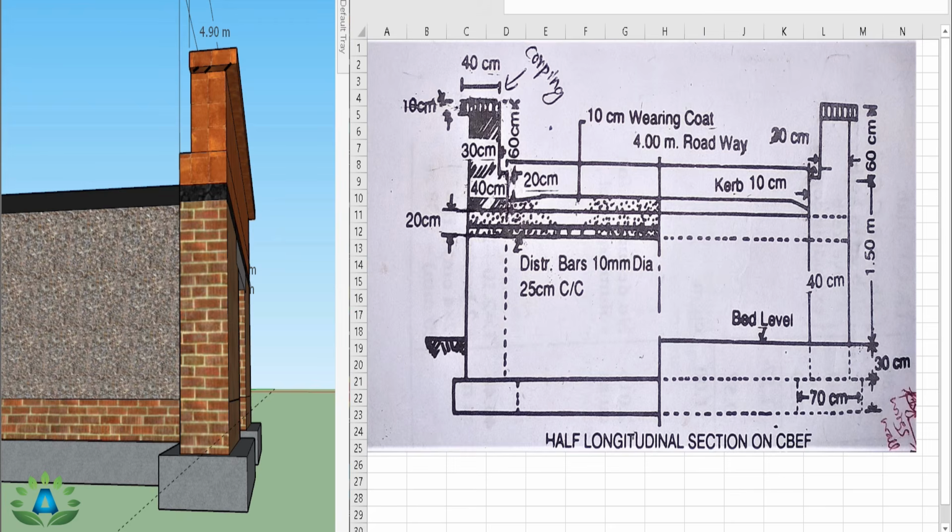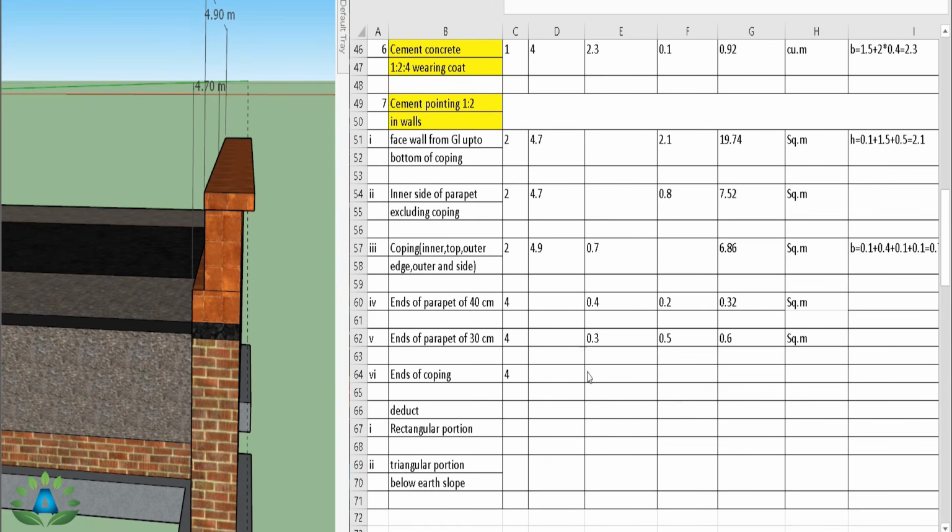So we have to write the height equals 10 centimeter coping plus this portion that is under the side. So our total height is 0.2 meter. Here we have the width of the coping 0.4 and we have to write the height as 0.2 meter, considering this is an underside portion also. So the total quantity is 0.32.